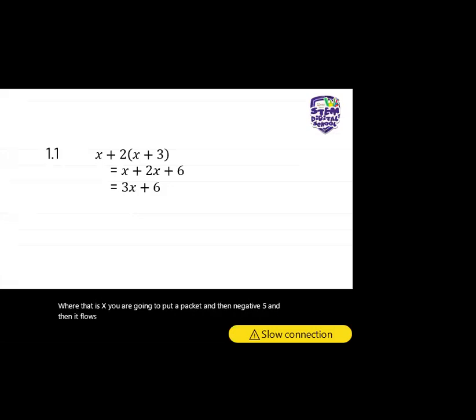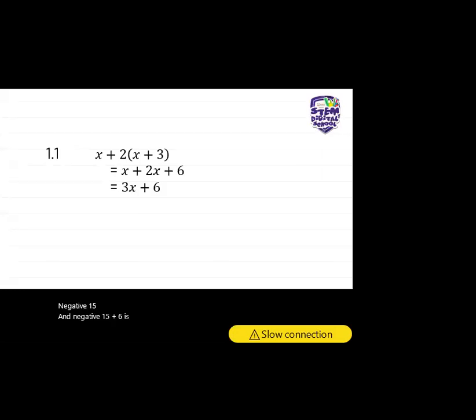So it will be 3 open bracket, negative 5, close bracket, plus 6. So 3 times -5 is -15. And then -15 plus 6 is -9.